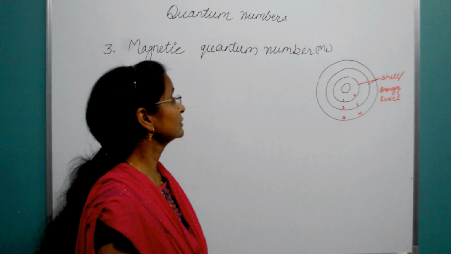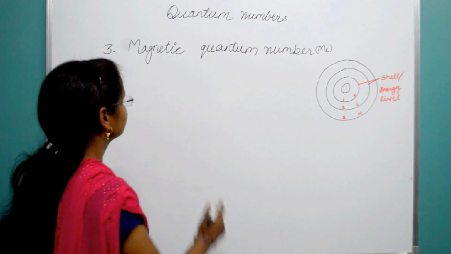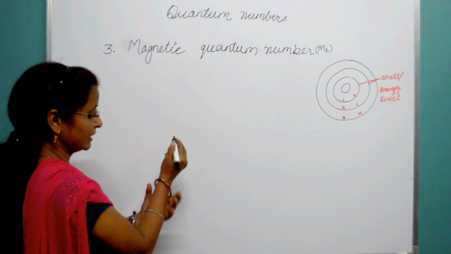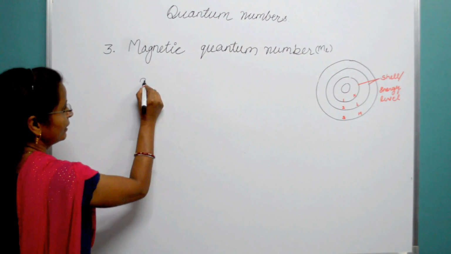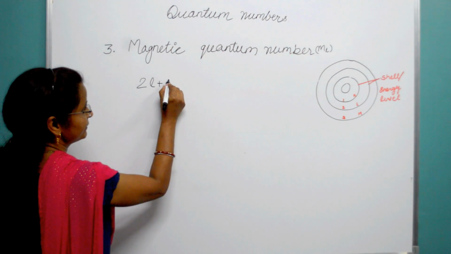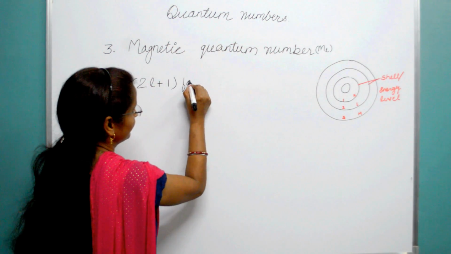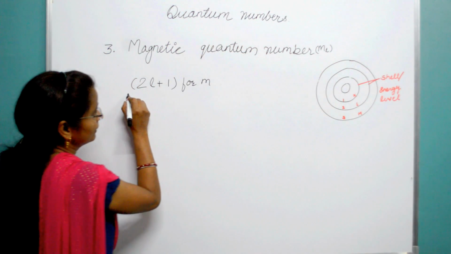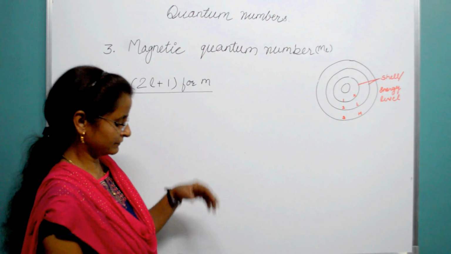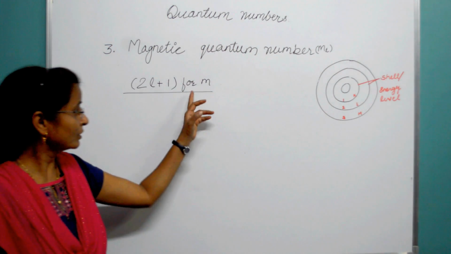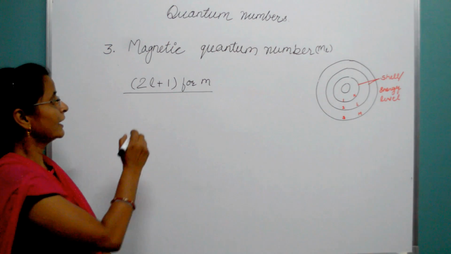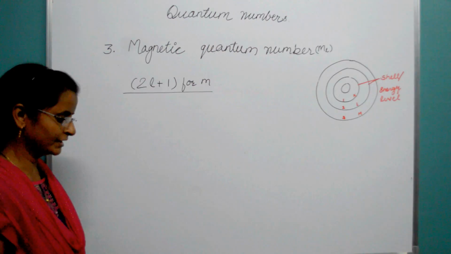For the magnetic quantum number, there are 2L plus 1 values of m for each value of L, where L is the azimuthal quantum number.